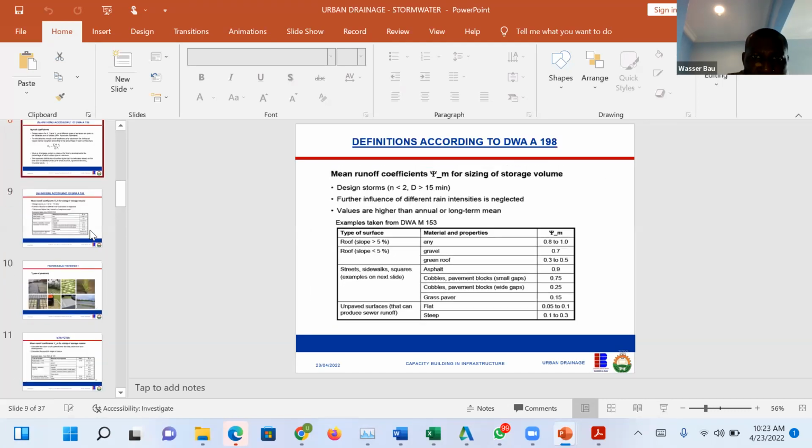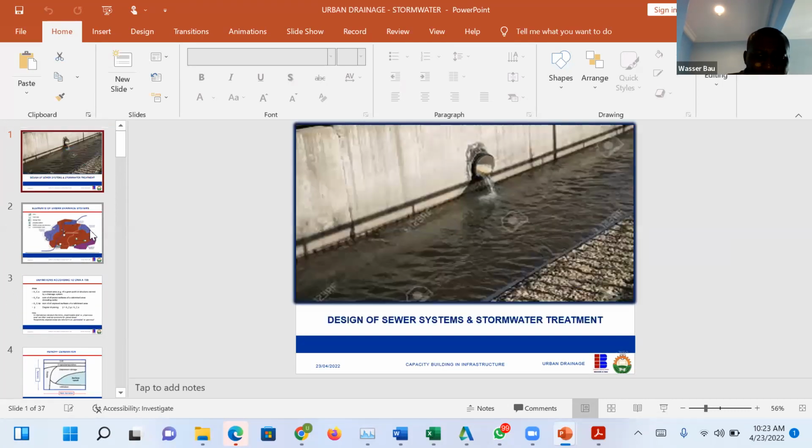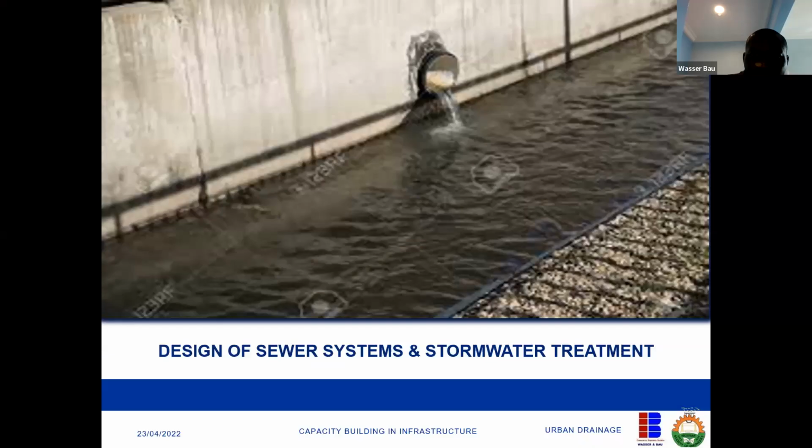I think I can start with this urban drainage. So let's talk about urban drainage. Design of sewer systems and storm treatment. Now, that word storm treatment, I want you to be careful with it because it's not everywhere that you treat your stormwater. When we talk about treatment of stormwater, it's basically when it is highly contaminated, maybe it's coming from unrecognized areas, maybe industrial areas, then you need to hold it in a holding body.